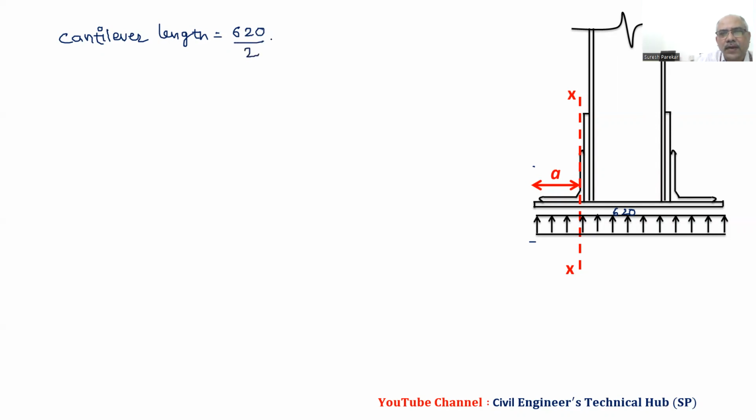On one side, from the center, we will consider 620 minus 2 into 16, which is thickness of gusset plate, minus 2 into 16, which is thickness of angle.